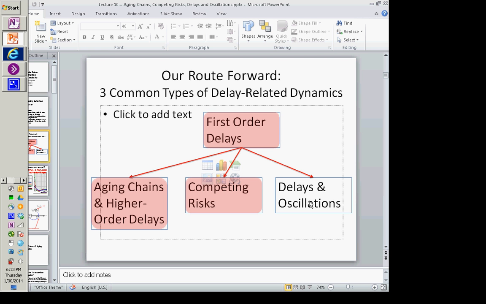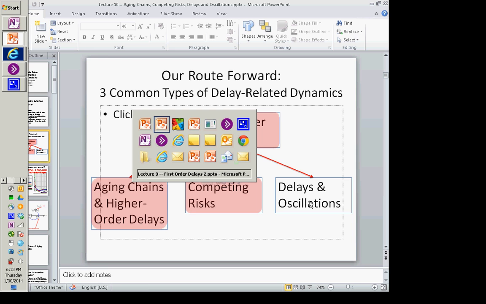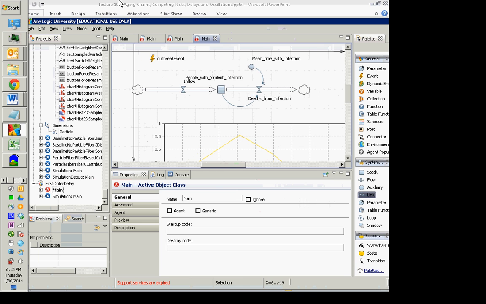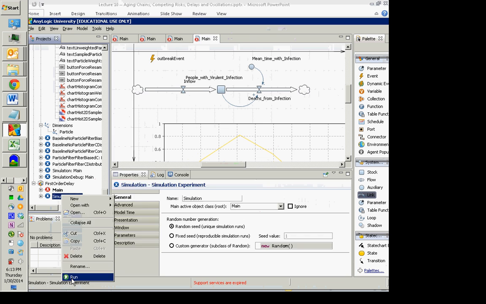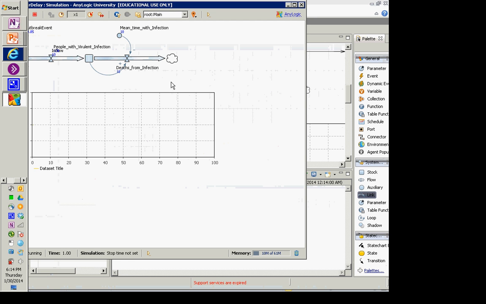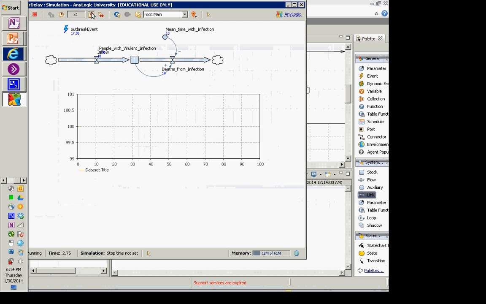One we saw early on was this little first order delay that we built together. We ran it, and we saw this perturbation and this characteristic stability.